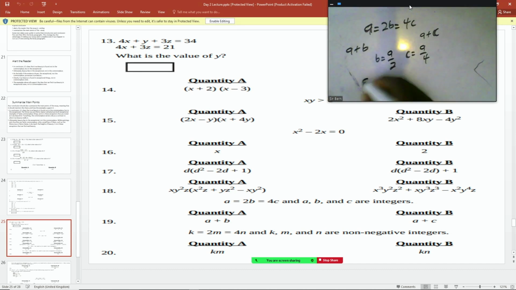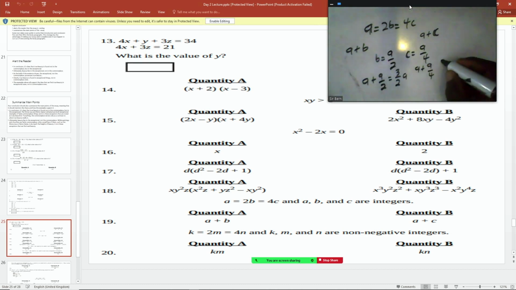So we have A plus A over 2, then this will have A plus A over 4. So we have 3 over 2 A as against 5 over 4 A. So for these two, we don't know the value of A. So if A is a positive number, quantity A will be greater, because 1.5 times any positive number will be greater than 1.25 times that positive number.